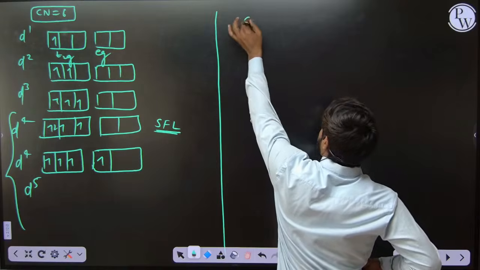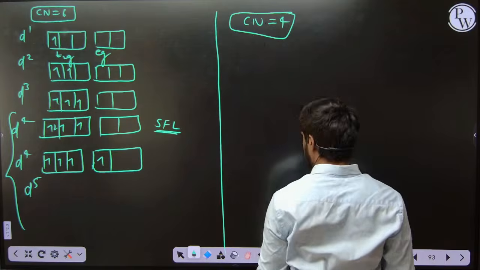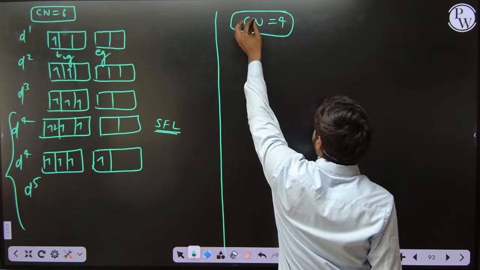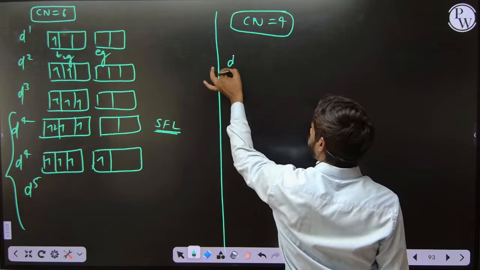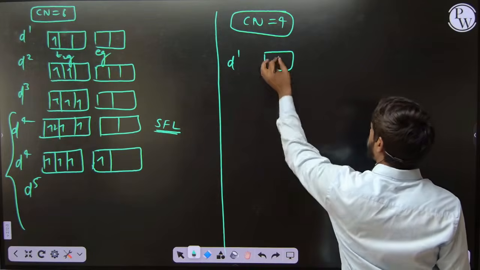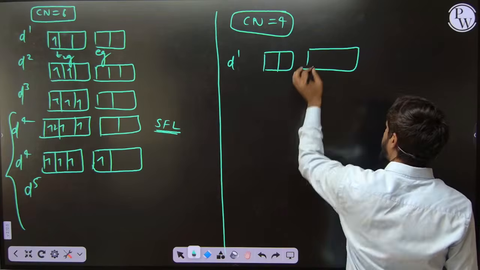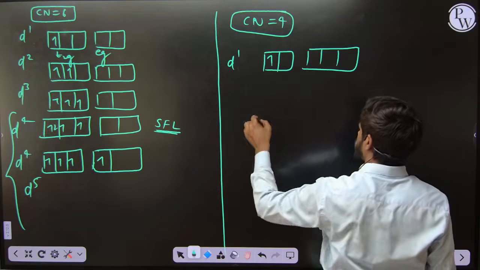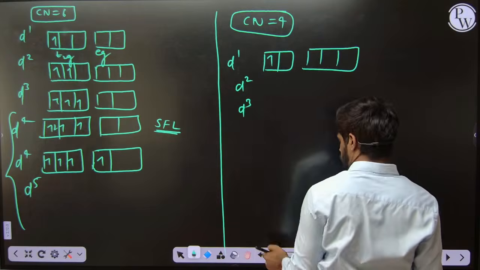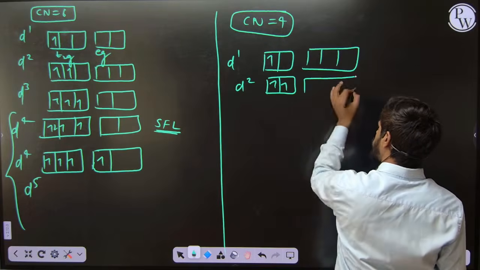Next, in the case of coordination number 4, we can have two types of orbitals, eg and t2g. If one electron comes, there is no problem. With 2 electrons, the two electrons will come.